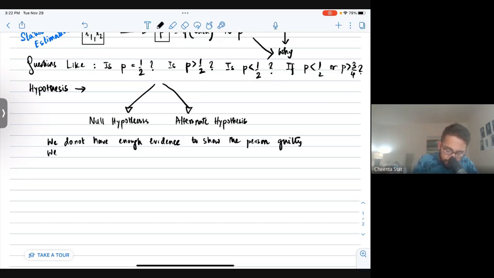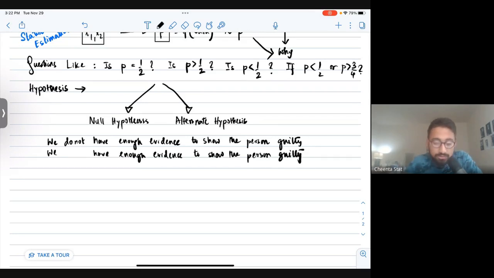Or: we have enough evidence to show the person guilty.